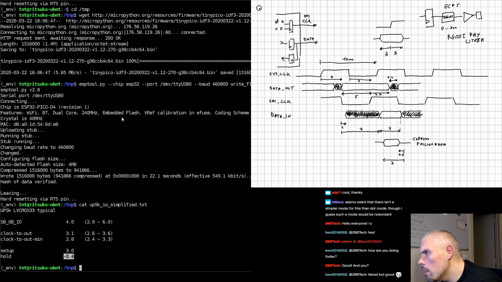Which means that this is pretty much aligned with this. So that means that this window of 4 nanoseconds starts aligned with that edge.